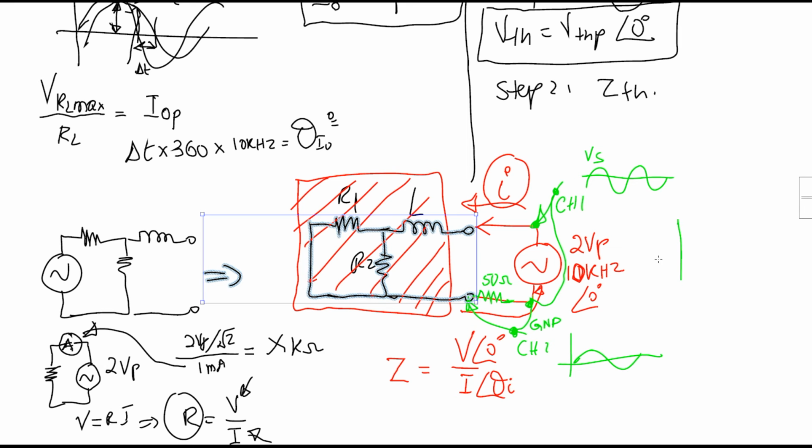Now, if we combine them in the same graph, we'll have something like this. This is Vs, that's Vs here, channel 1. And the other V will be phase shifted.